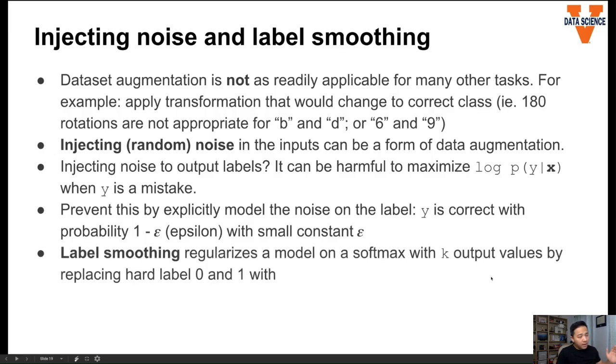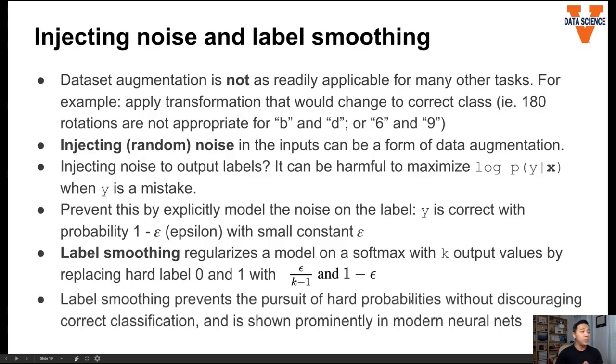This is called label smoothing, which regularizes a model with softmax with multiple outputs by replacing the 1 and 0 targets with soft values: instead of 0 it is epsilon over k minus 1, and instead of 1 it is 1 minus epsilon. This technique tries to prevent the pursuit of hard probabilities without discouraging correct classification, and research has shown it is prominently used in modern neural networks.